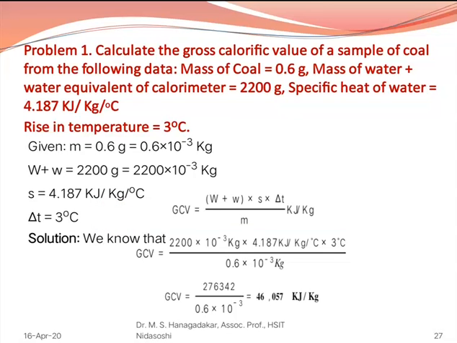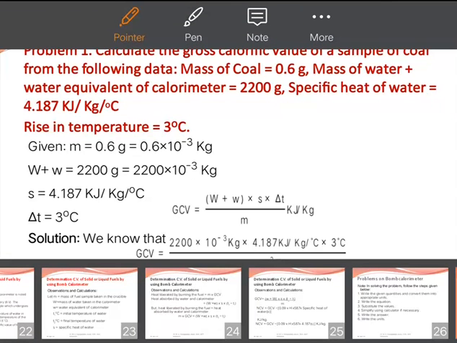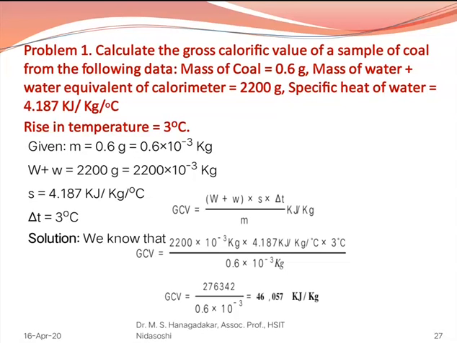Substitute these values in the equation. We know that gross calorific value is equal to (capital W plus small w) into small s into delta T divided by m, expressed in terms of kilojoules per kg.